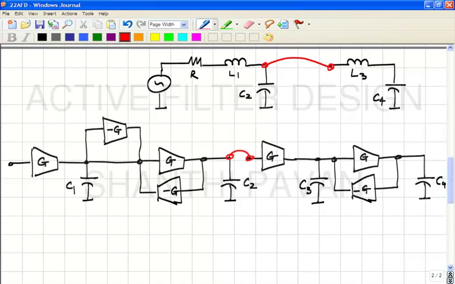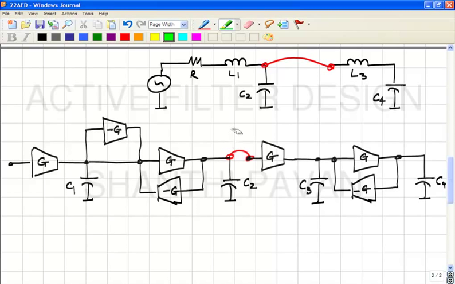No, why? So, clearly what we have missed is, what kind of equations are being enforced by this wire? One, the voltage across C2 is the input to the next section. That part of the equation is still valid. The input to the next section is simply the output of the first section.